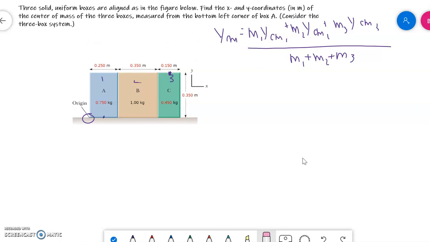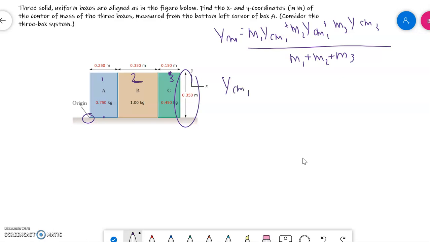And each box, so they're uniform boxes, each with a height of 0.35 meters. So the center of mass will be located at half of that 0.35 meters. And this will be the same for 1, 2, and 3, which are A, B, and C, because they all have the same height.